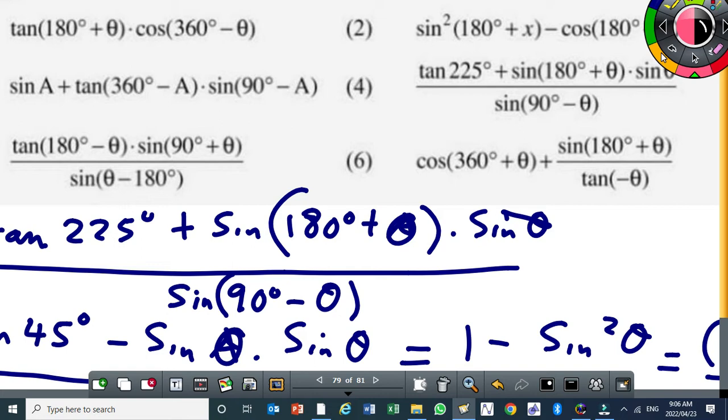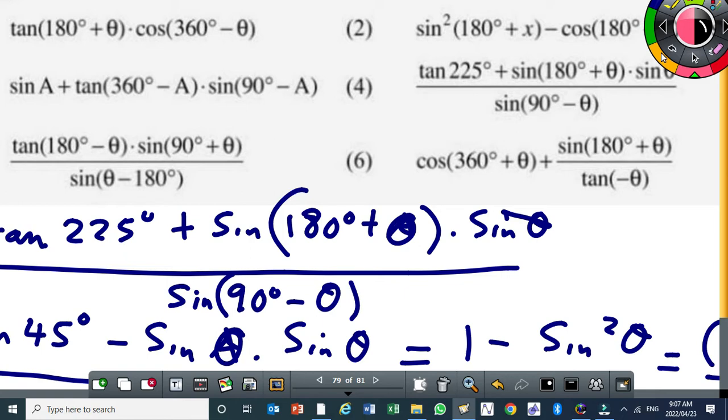But the best way, come. You see here, this angle is in the third quadrant. Which angle can you add to 180 to get 225?